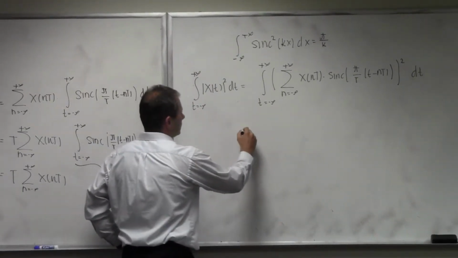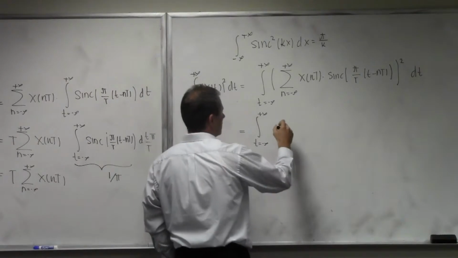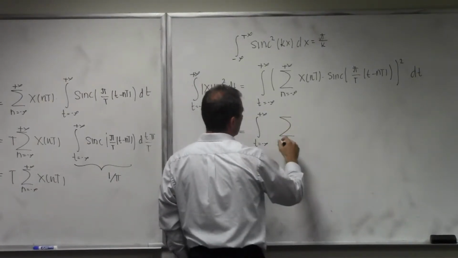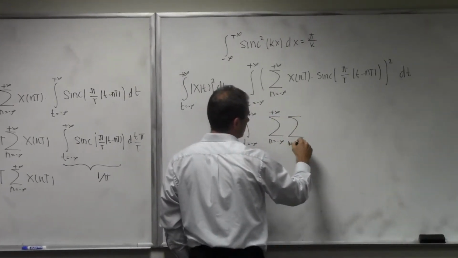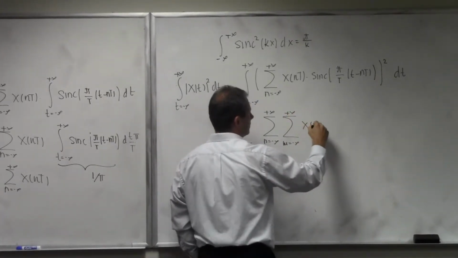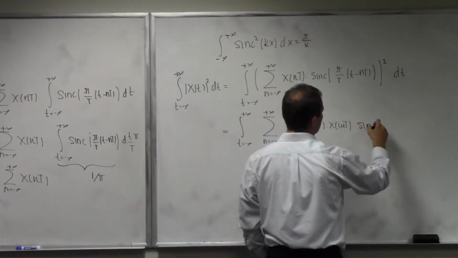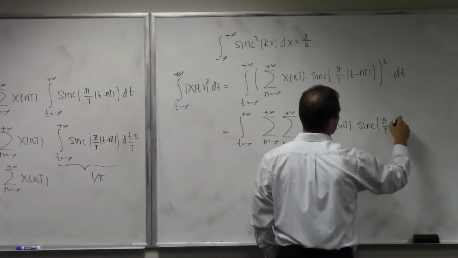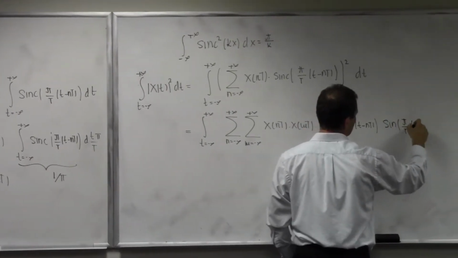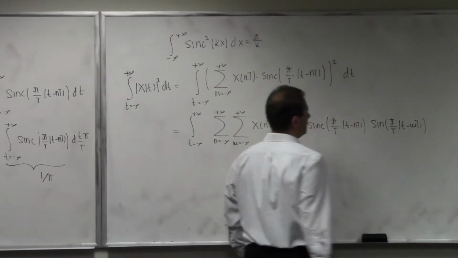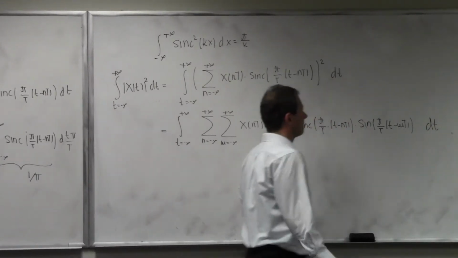Now, if you square this, it becomes the integral over t from minus infinity to plus infinity, and then I have the sum over n from minus infinity to plus infinity, and the sum over m from minus infinity to plus infinity, of x of nT times x of mT, and then sinc of pi over T, t minus nT, times sinc of pi over T, t minus mT, everything here dt.